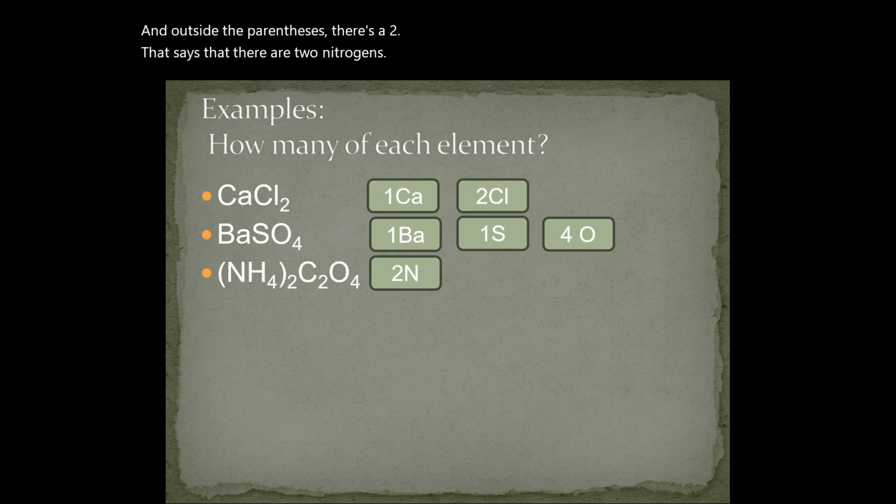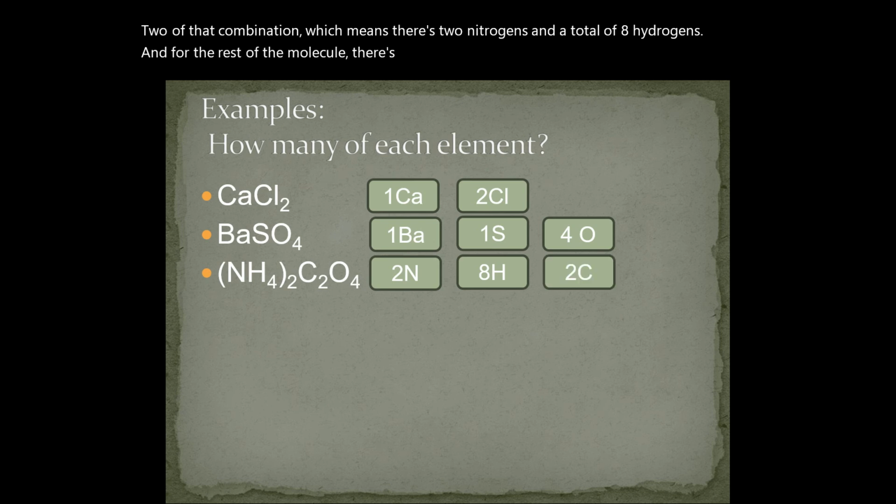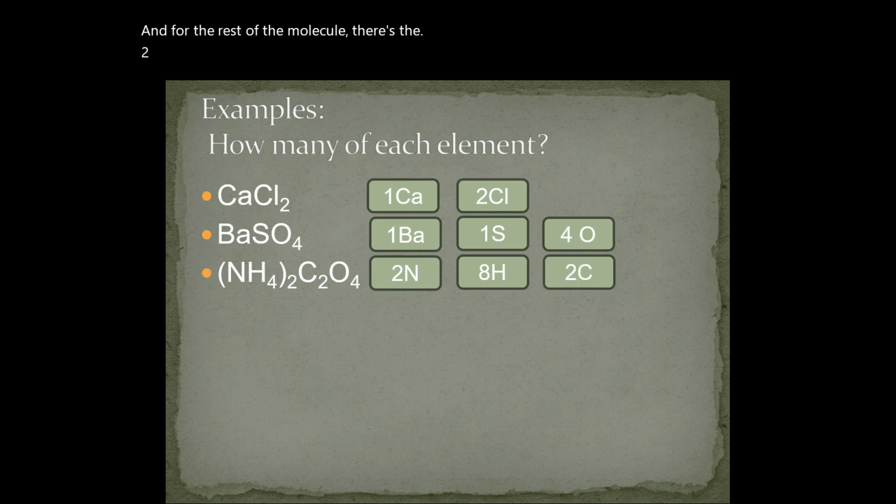So inside the parentheses there is 1 nitrogen and 4 hydrogens. And the subscript being outside of the parentheses says there's 2 of that combination, which means there are two nitrogens and a total of 8 hydrogens. And for the rest of the molecule, there are the 2 carbons and the 4 oxygen atoms.